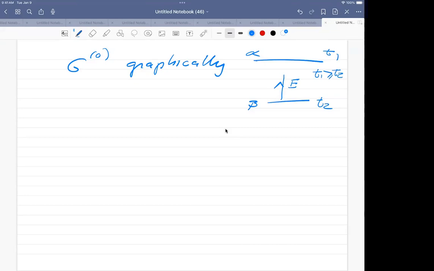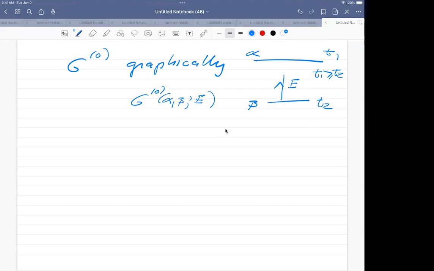So this is just a compact way of representing G0 of alpha and beta with a given energy E, or a time difference T1 minus T2, if you prefer that. If you go back to time, keep in mind that we have Fourier transformed to energy.